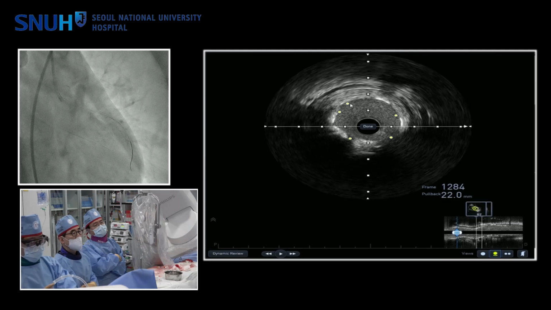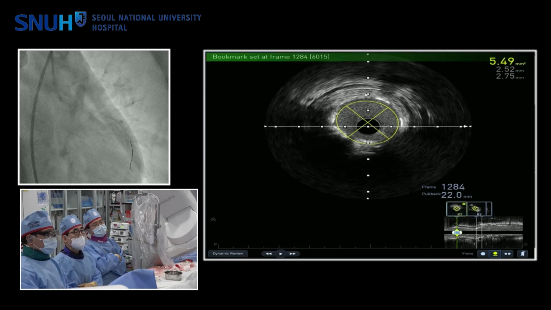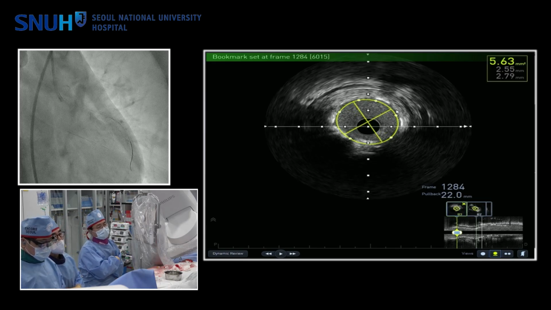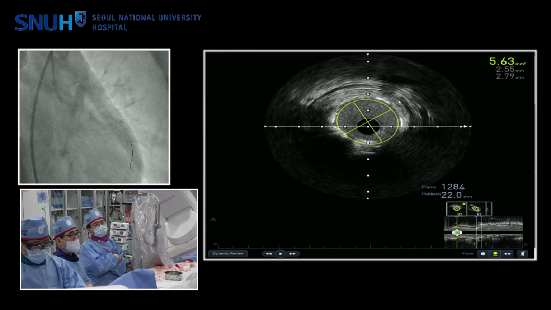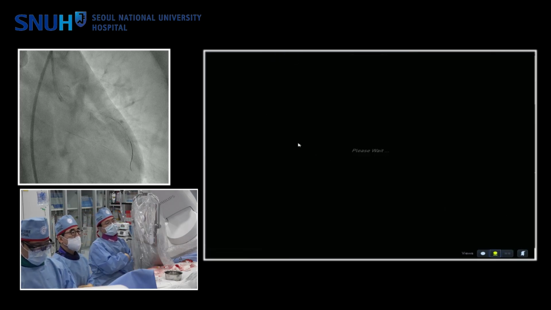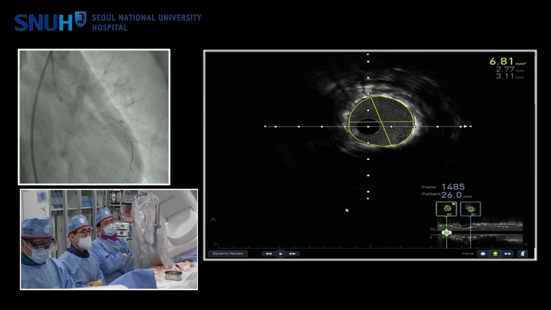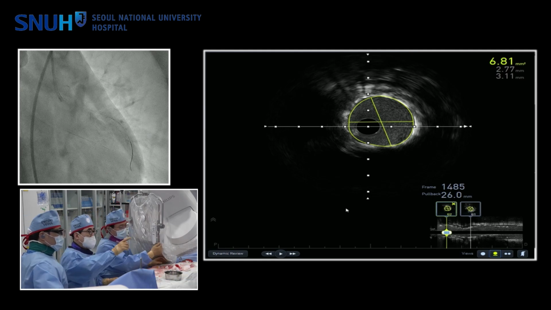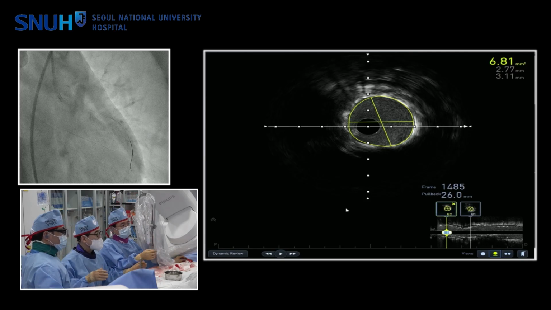Yes, this previous one is 5.5, 5.6. First 6.8. Yes. Very good. 1.2 difference with 30 NC balloon with 22 atmosphere. Very good. Okay, can you see the pinch of circumflex ostium?